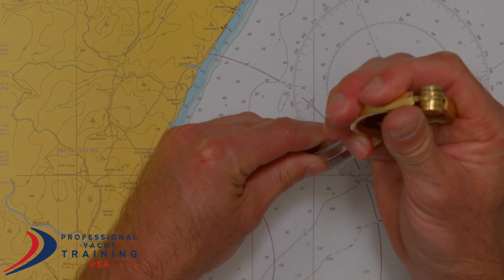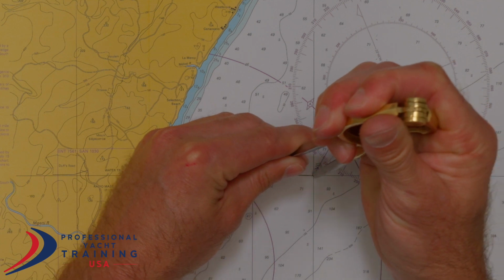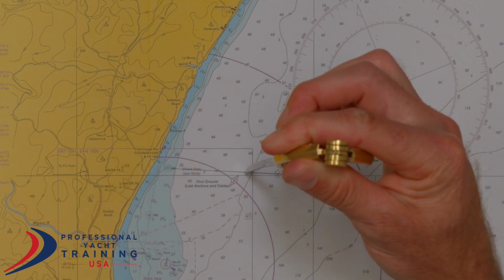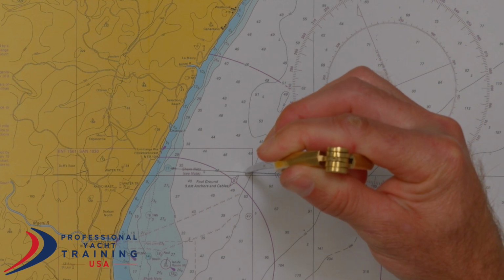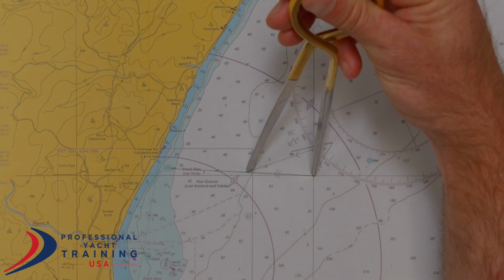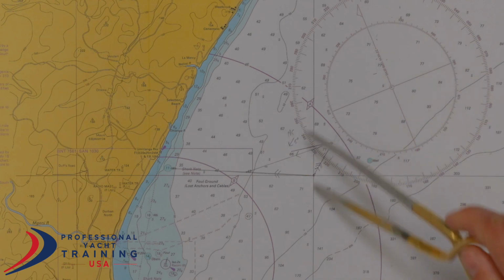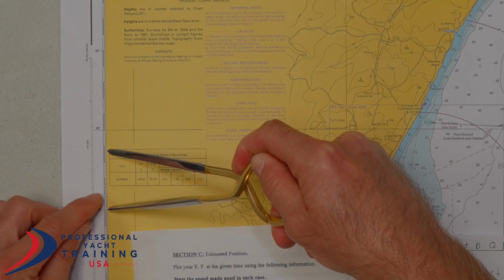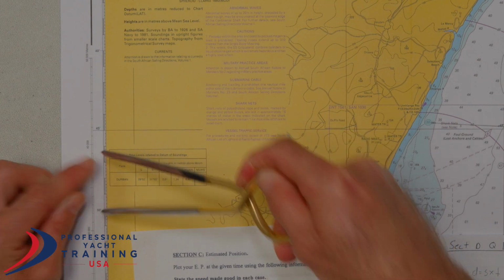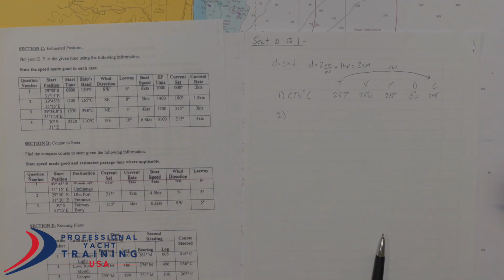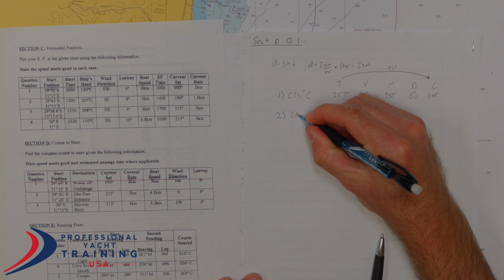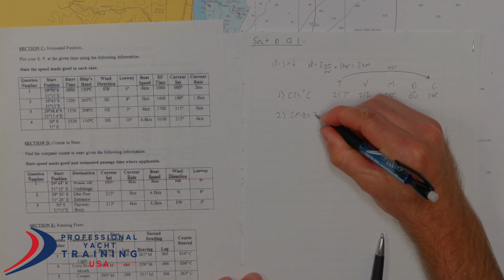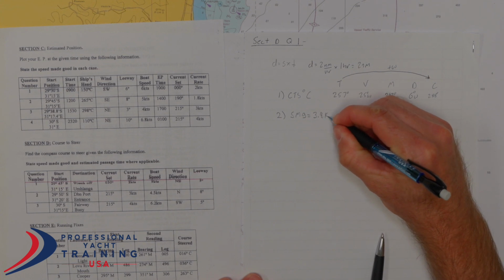So the final speed that we're going to extract from this problem is going to be the distance from our start position to the point our water track meets that ground track right there. We can go ahead and measure that out. I'm looking at something like 3.8. So my speed made good is going to be equal to 3.8 knots.